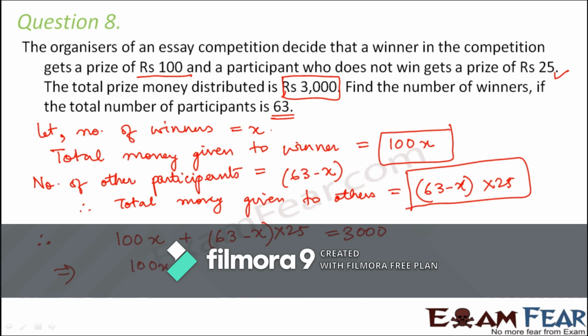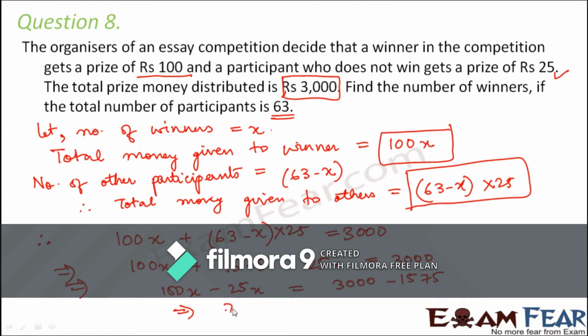So we get 100x plus 63 into 25, which is 1575, minus 25x is equal to 3000. Let's keep the variables on one side. So 100x minus 25x is equal to 3000 minus 1575.